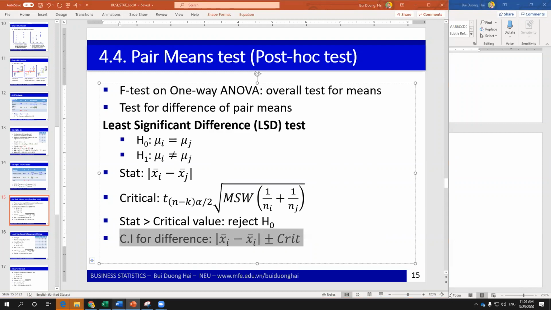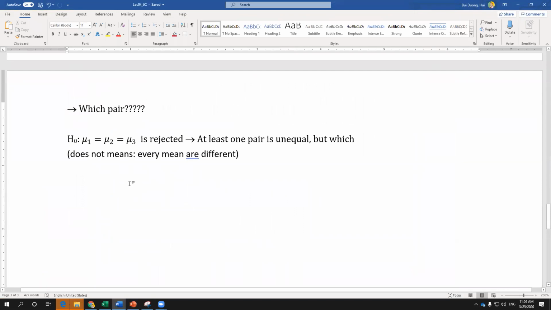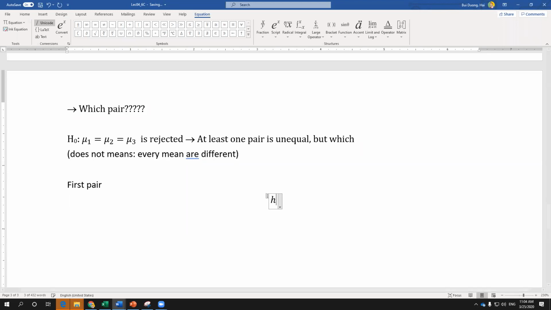Now apply. It says that in three groups F1, F2, F3, there is at least one difference. I consider the first pair. H0: mu1 equal mu2.